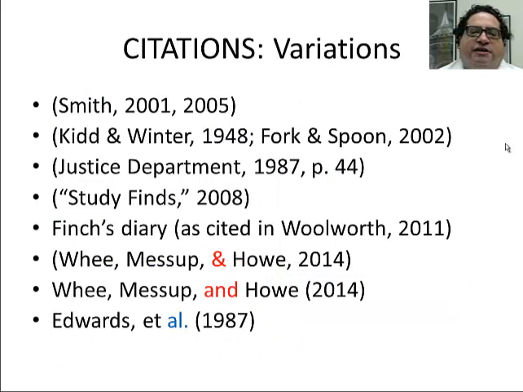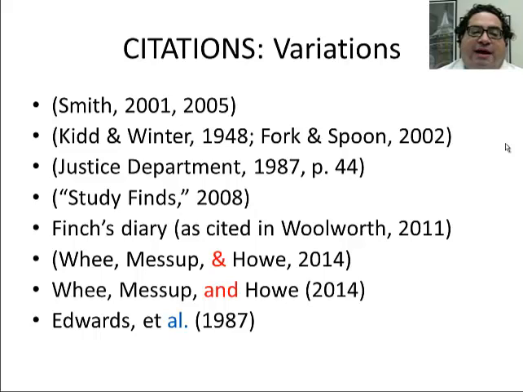Let's look at a few variations of how citations go. In the first one, it's the same author, Smith, but two information sources are being used from two different dates. In the second example, it's one citation. We've got two pieces of information, two articles, two books, two whatever they are.